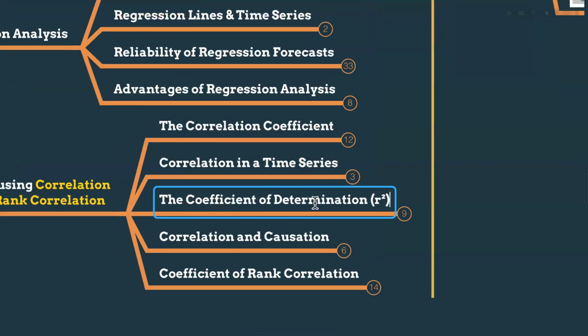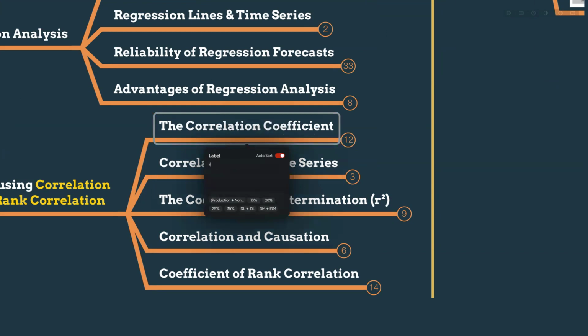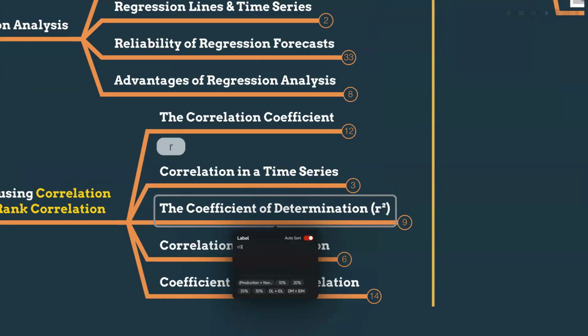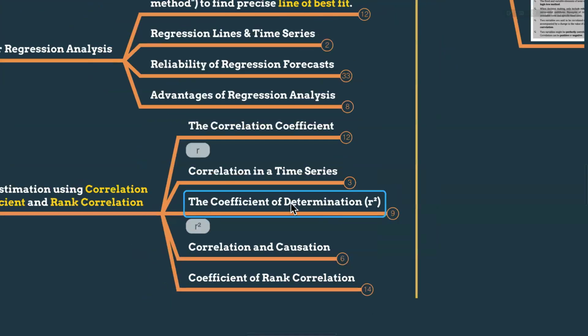Coefficient of determination means r squared. The correlation coefficient is r, that is the simple r value. But coefficient of determination means r squared. We have to put squared.